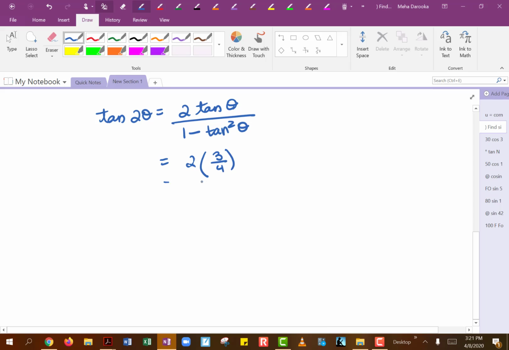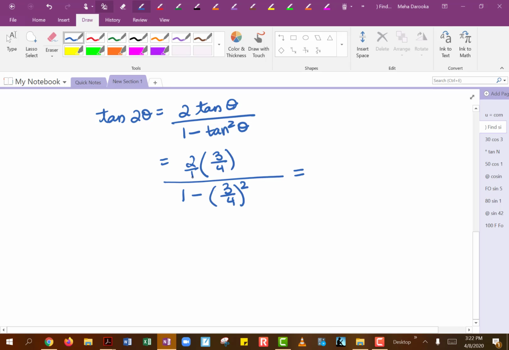So that's our numerator. Then on the denominator we have 1 minus tangent squared theta. So that will be 3/4 squared. Again, on the numerator, you can think of this guy as being 2/1. You can either reduce that fraction or you can keep it as it is. It is going to end up reducing eventually.